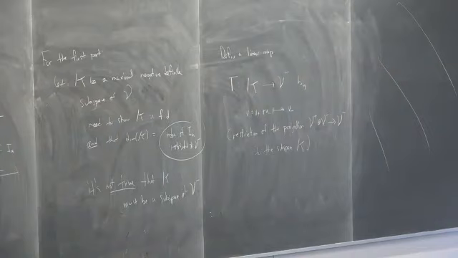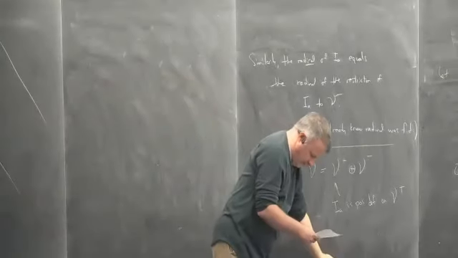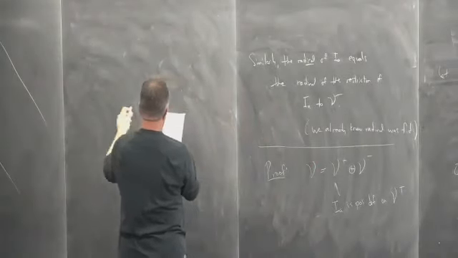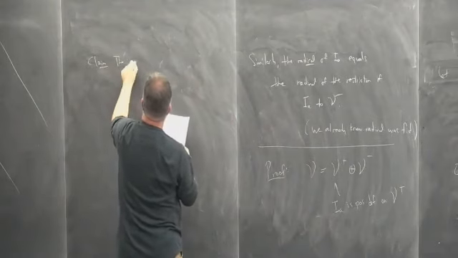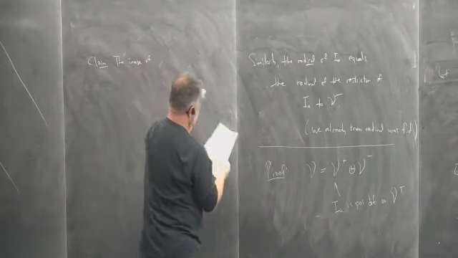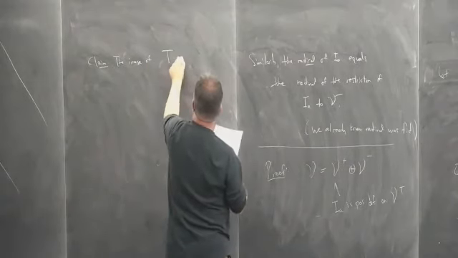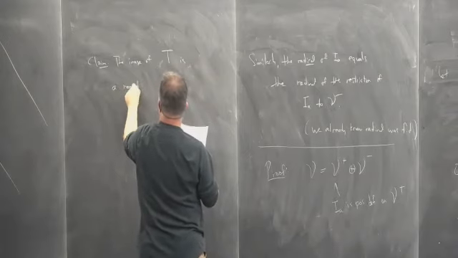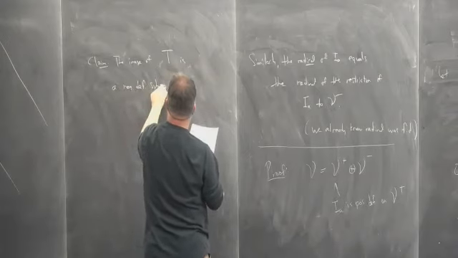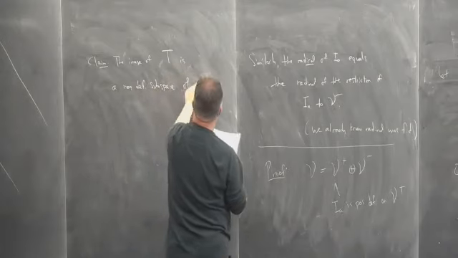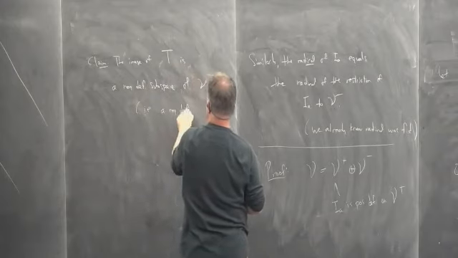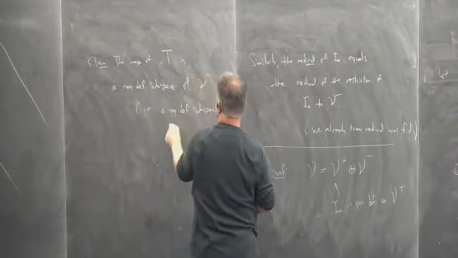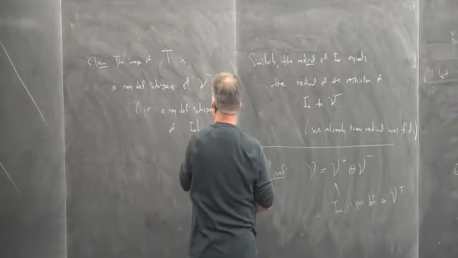We're going to prove two things about this linear map. We're going to prove that it's an isomorphism. I mean, it's injective, sorry. So claim: the image of T is a negative definite subspace of V minus, i.e. a negative definite subspace of IA restricted to V minus.